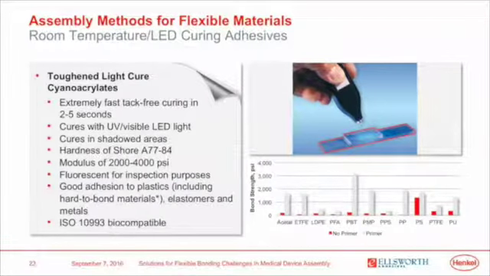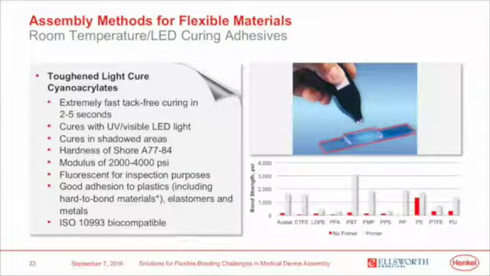Slide 23 shows you some of the technical specs for the toughened light cure cyanoacrylates. These are, for the industry, the fastest curing materials on the marketplace today, even with low intensity LED light. You can achieve tack-free curing in less than 2 seconds. We have many clients doing that in much less than 2 seconds. Again, they can be cured with LEDs as well as in the shadowed areas.